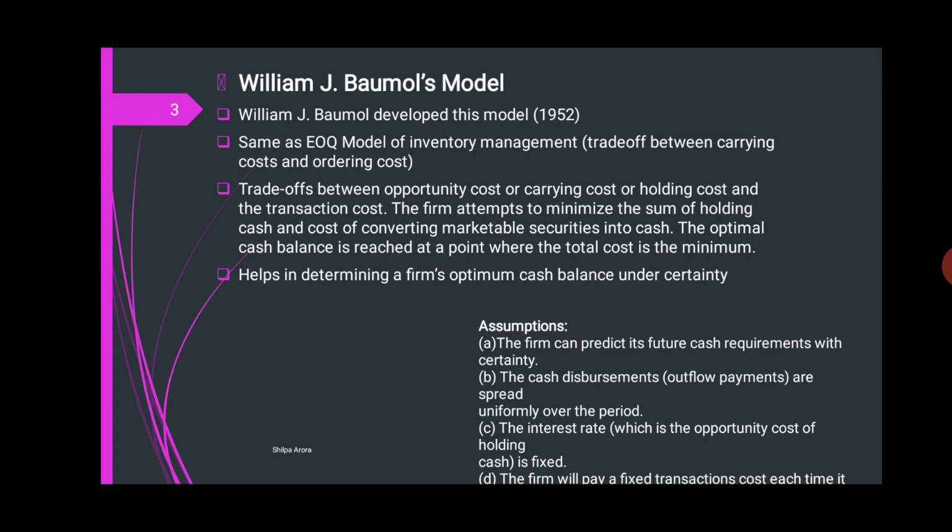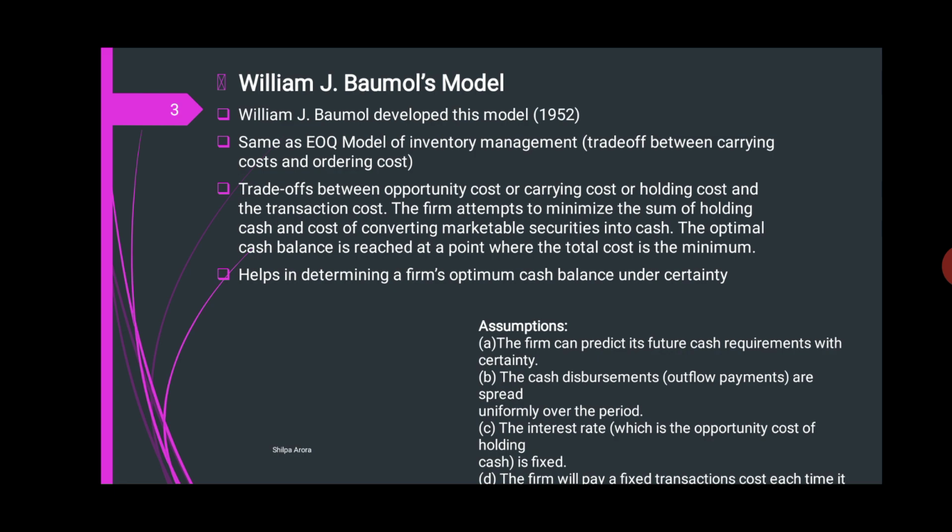Means that the inventory management model EOQ, which aims at maintaining the trade-off between carrying cost and ordering cost, is similar to that model only. This Baumol model aims at a trade-off between opportunity cost or carrying cost or holding cost and the transaction cost.